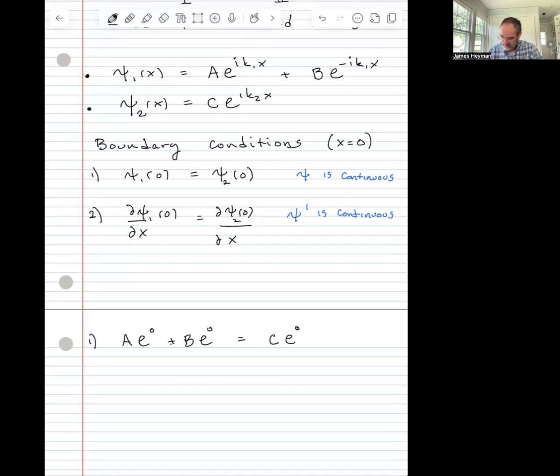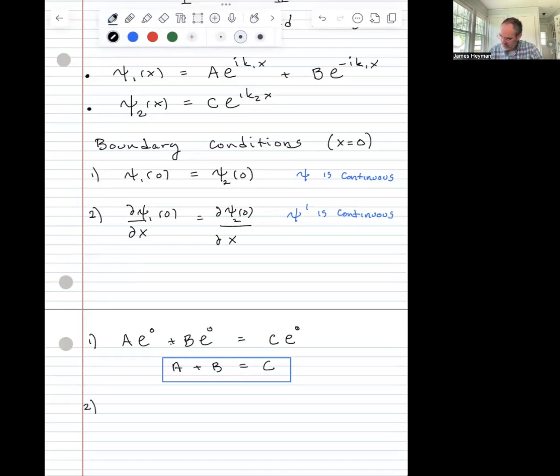All right? Okay, well, e to the i times 0 is 1, so this simply means that A plus B equals C. Okay? So we've used the first boundary condition to see that there's a relationship between the amplitudes A, B, and C. They're not all independent.